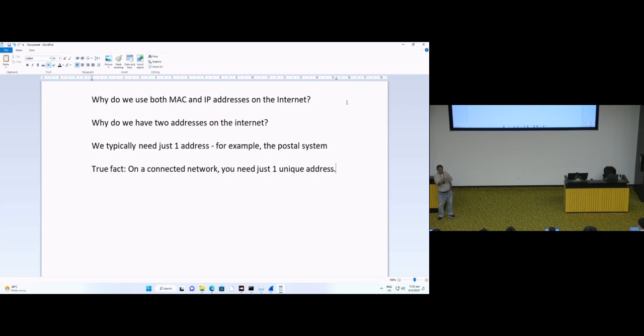I can erase the word true and say claim, if somebody thinks it's false. Do you all agree or not? Max, do you agree that you just need one addressing mechanism? Because if you don't, I'm going to ask you, why does the postal system work with one address? You have to be able to answer that. I almost think that you can't argue with this, but if somebody wants to, go ahead. I will convince you otherwise.